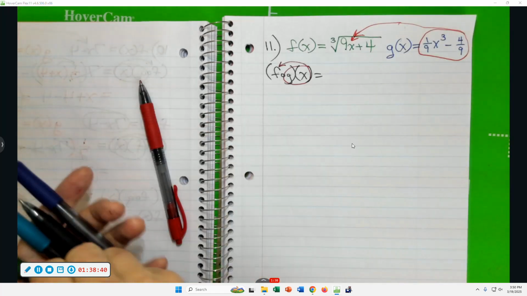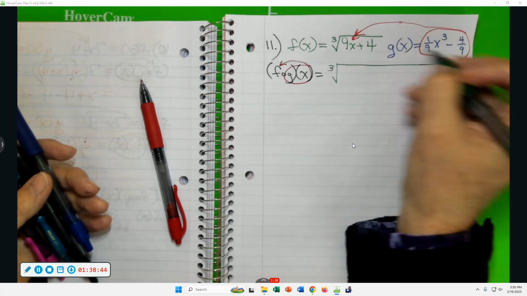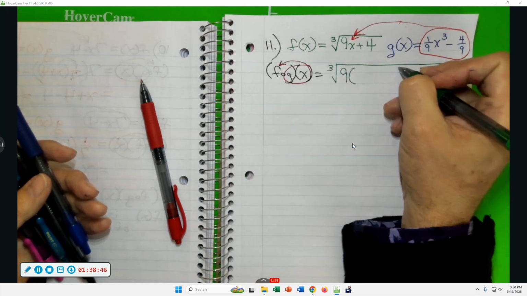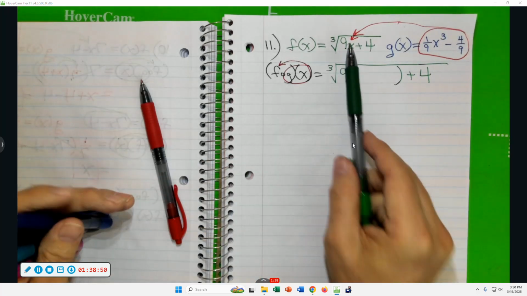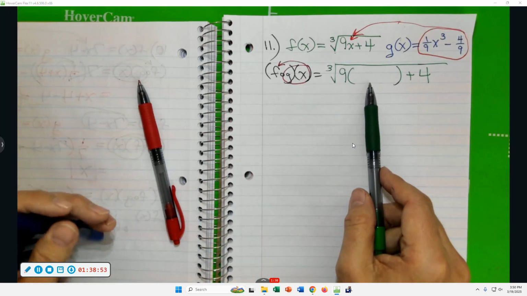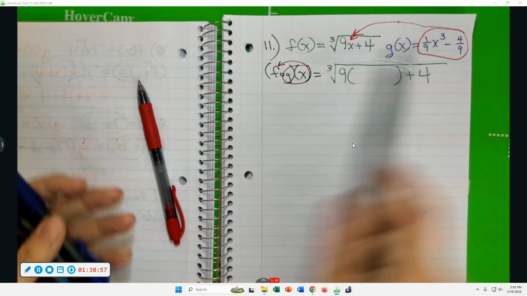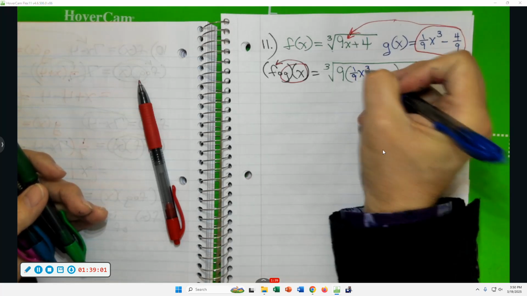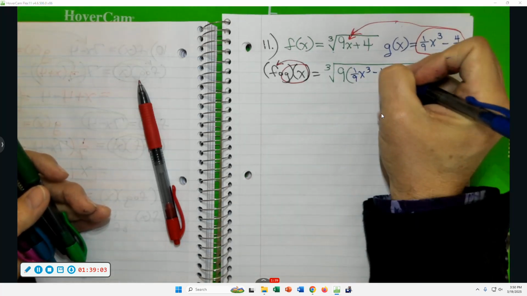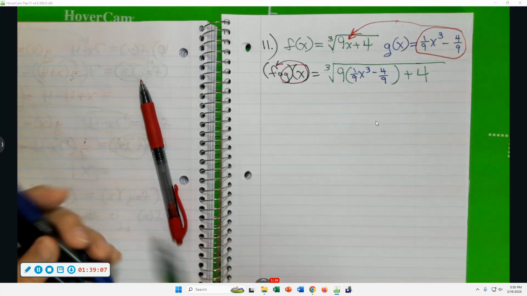So we have a cube root of, we have the 9, we have that plus 4. What's 9 going to be multiplied by? What am I going to put right here? 1 over 9. Okay, so the blue stuff: 1 over 9 x cubed minus 4 over 9. Oh, this looks bad. You might be thinking that.